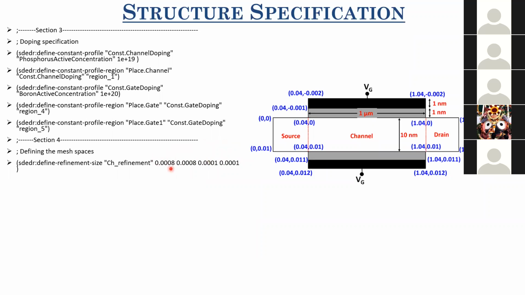I have taken the maximum spacing as 0.8 nanometers and the minimum spacing as 0.1 nanometers in the X direction. So in this channel refinement, the maximum distance between the points can be 0.8 nanometers and the minimum distance can be 0.1 nanometers.